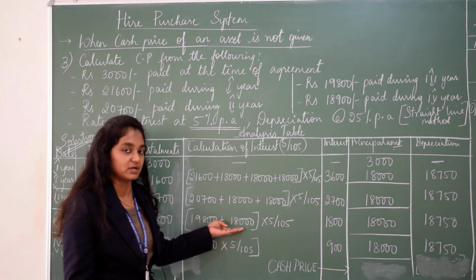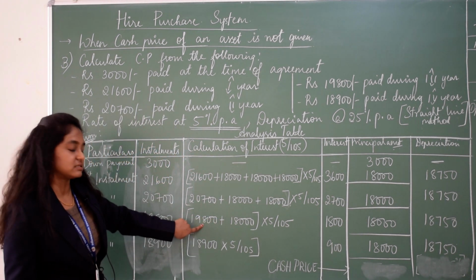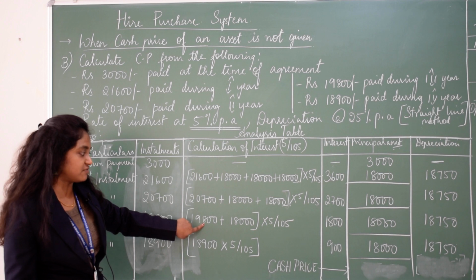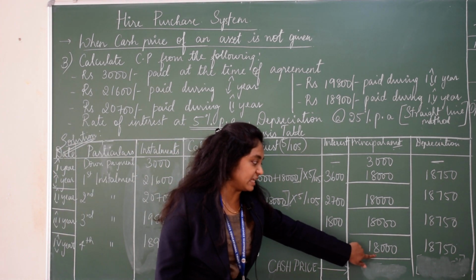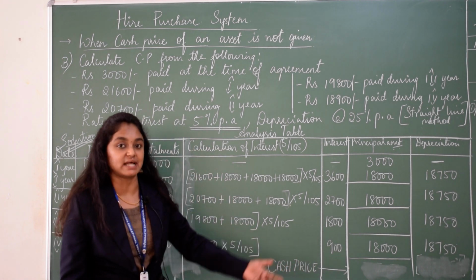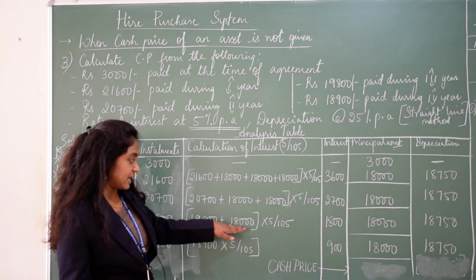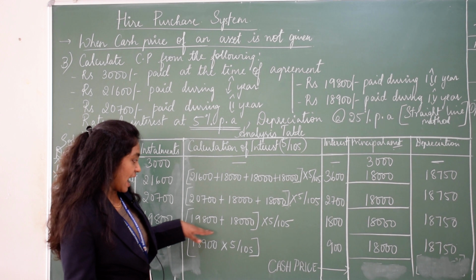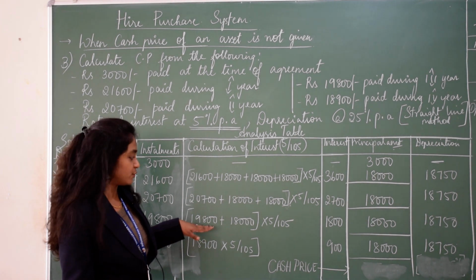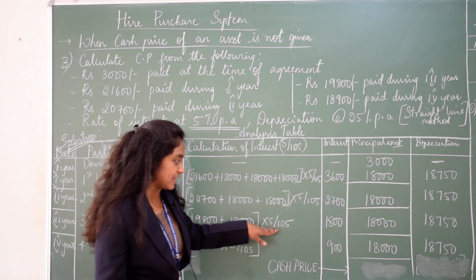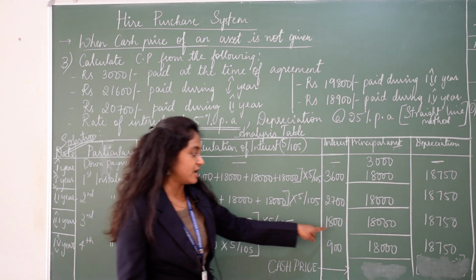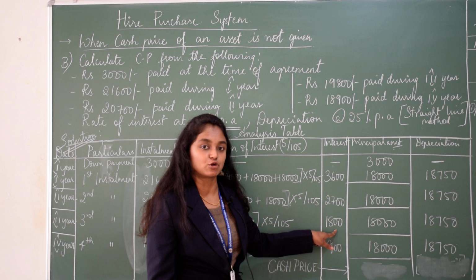For that what we do is, 19,800 is the third year installment. To this we will take the fourth year principal value. So this 18,000 is the outstanding balance of the fourth year. Consider that balance and add it to the third year installment. When you add together, you will be arriving at some value. Then multiply that with 5% rate of interest. You will be amounting to 1,800 rupees interest.